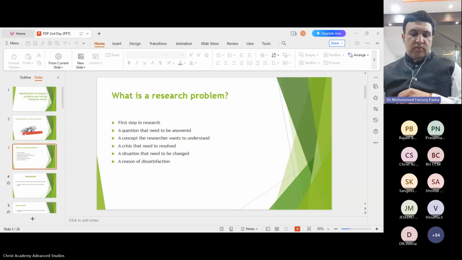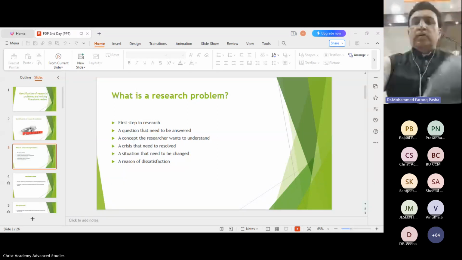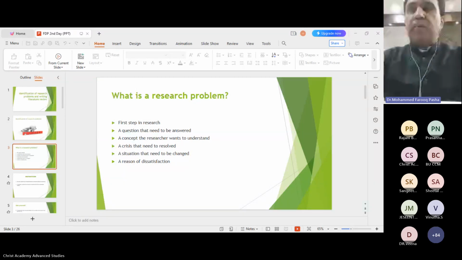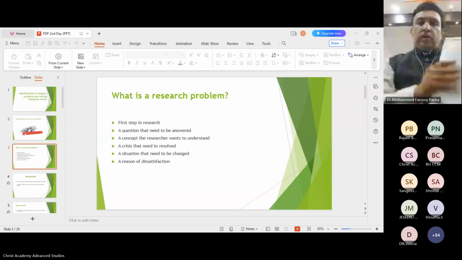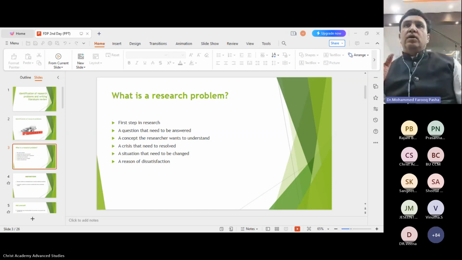Similarly, when it comes to any research problem, first you identify whatever it is, then you get into the exact problem you are facing and try to get into the research mode.